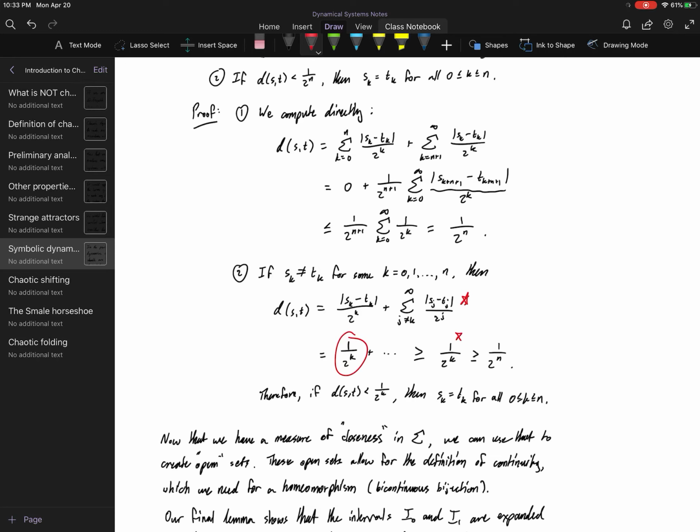The fact is that these two sequences S and T have to be at least 1 over 2 to the k apart, and because n is an upper bound for k, that means that they have to be no closer than 1 over 2 to the n.